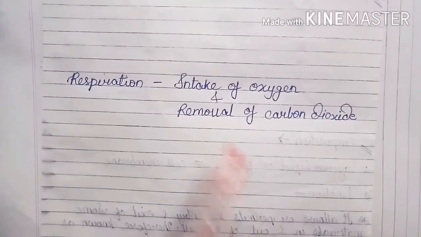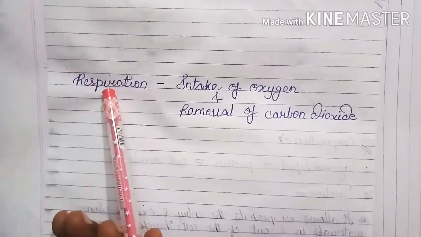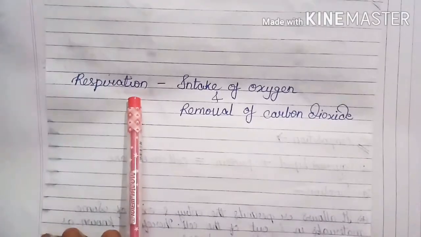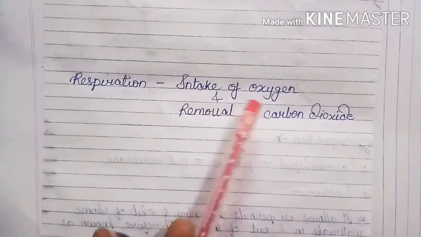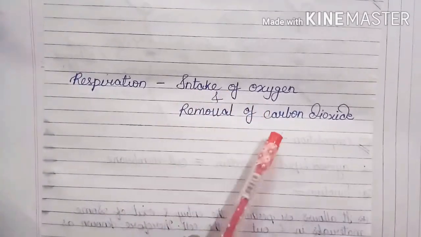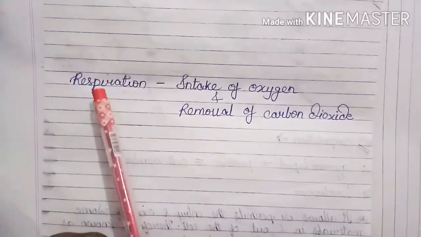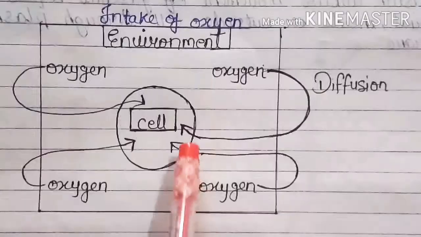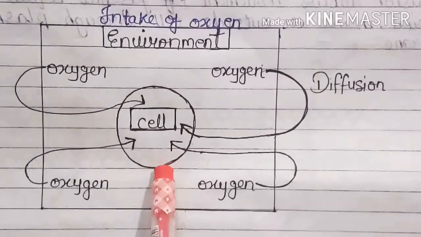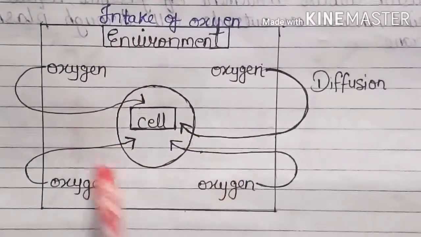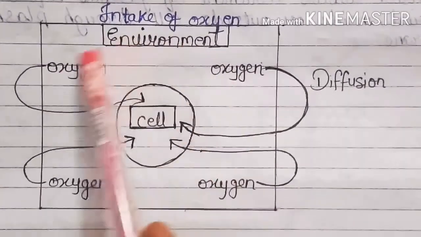Let's take an example of respiration. So, what is respiration? Respiration is the process in which intake of oxygen and removal of carbon dioxide takes place. We all know this basic information about respiration. So, consider this circle as a cell which is surrounded by its environment. So, this is the environment.